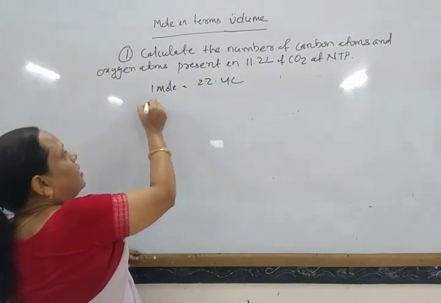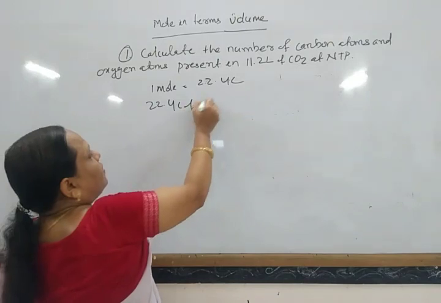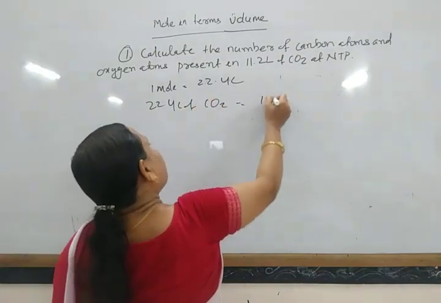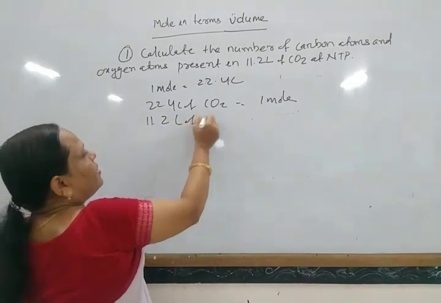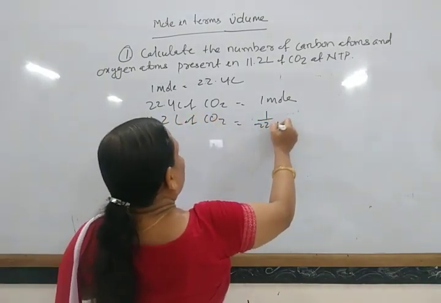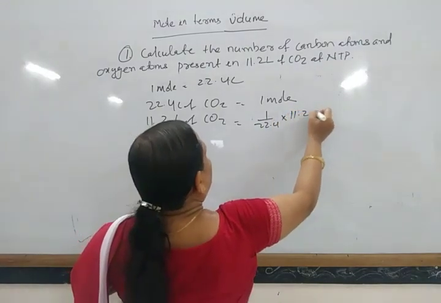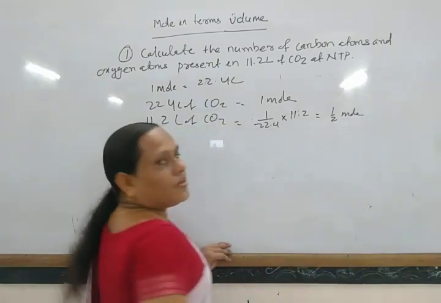So 22.4 liter of carbon dioxide equals 1 mole. 11.2 liter of carbon dioxide is 1 by 22.4 into 11.2, that is equal to half mole.